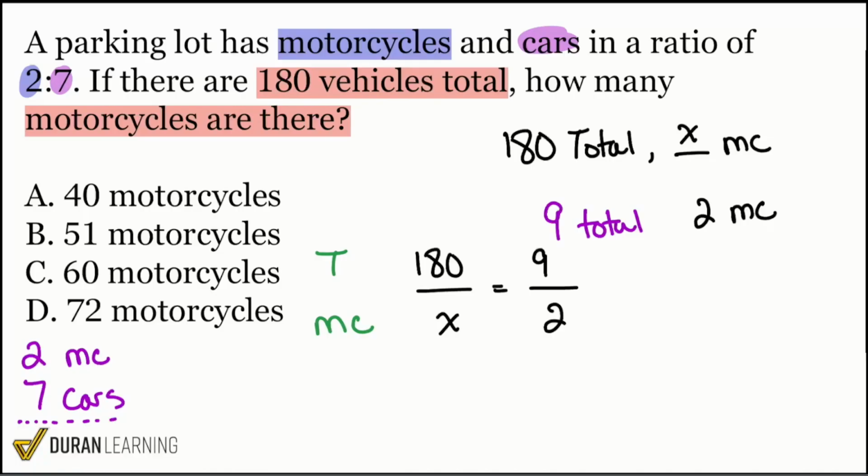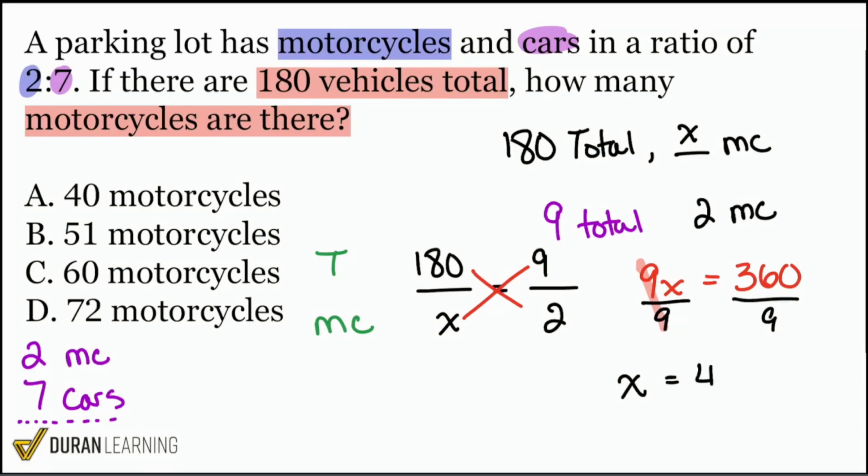So I can cross multiply and divide if I want to. We can do other things too, because this is just times 20, and 2 times 20 is 40. But we can cross multiply if we'd like to. 9 times X equals 180 times 2. And then lastly, we'll divide both sides by 9. Once we do that, nice and easy, the 9 cancels out on the left, and we end up getting X equals 40.